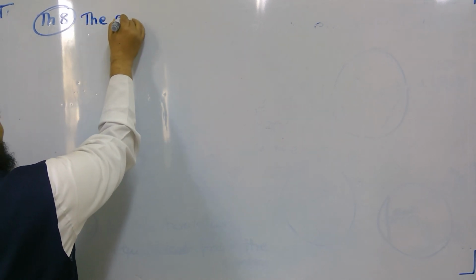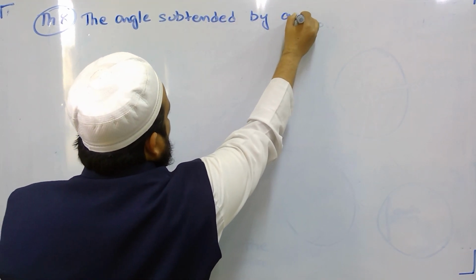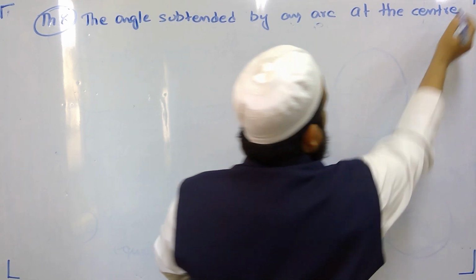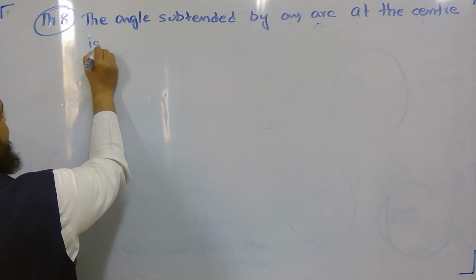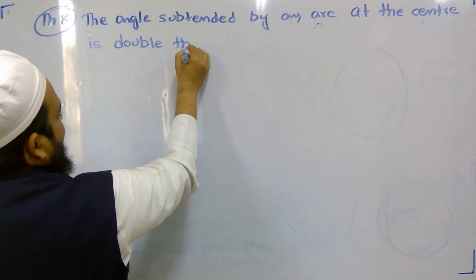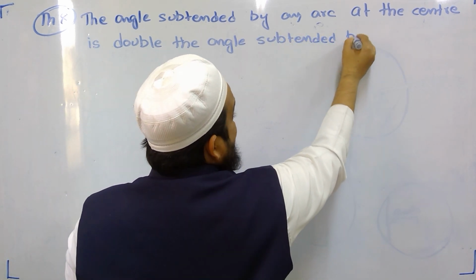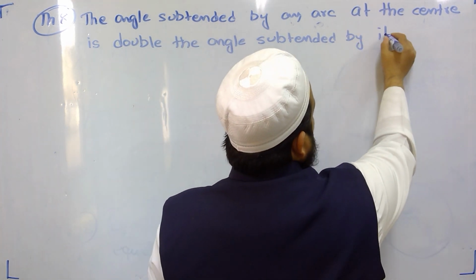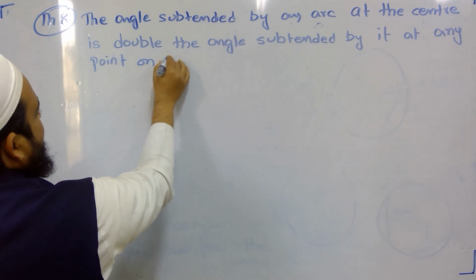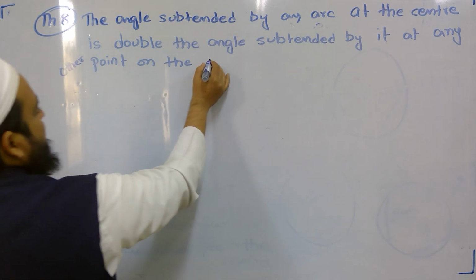The angle subtended by any arc at the center is double the angle subtended by the same arc at any other point on the circle.